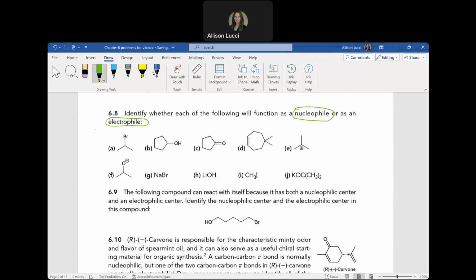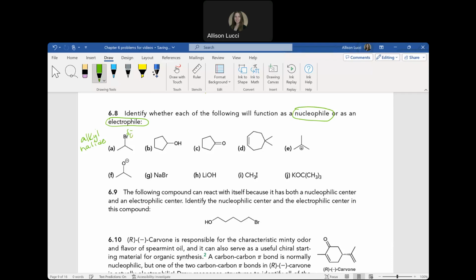All right, so in molecule A here, we see that we have what's called an alkyl halide. So we have a carbon that is bonded to a halogen, in this case, bromine. And bromine is electronegative compared to carbon. So this would be a slightly negative charge, right?